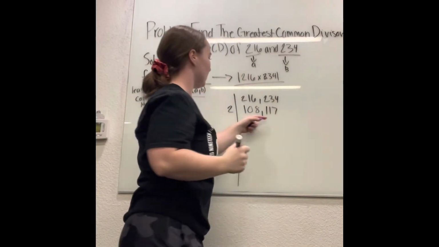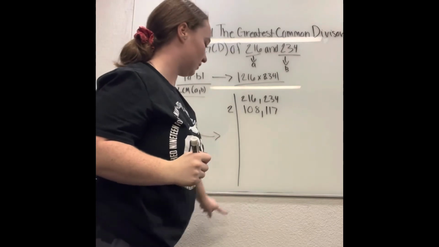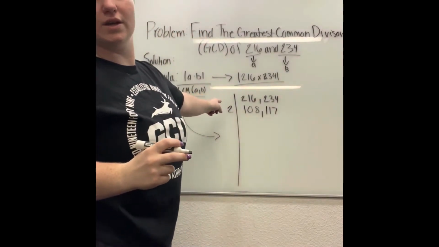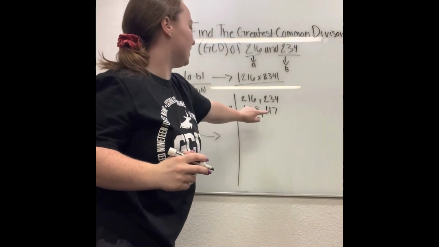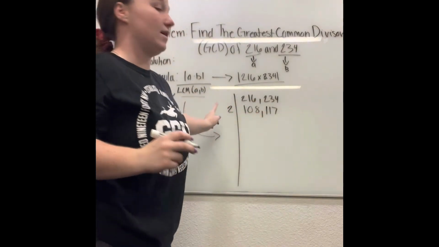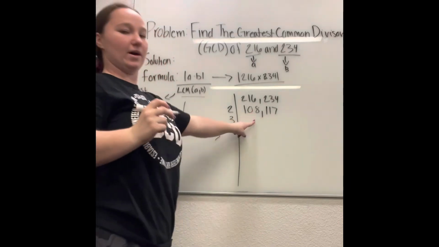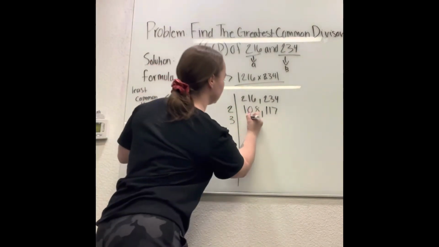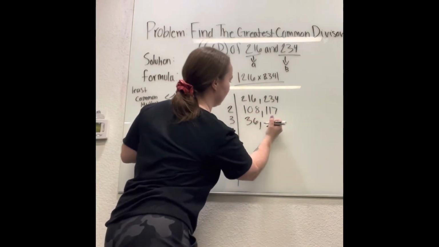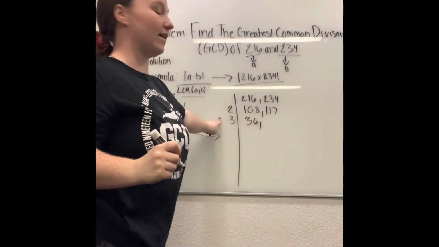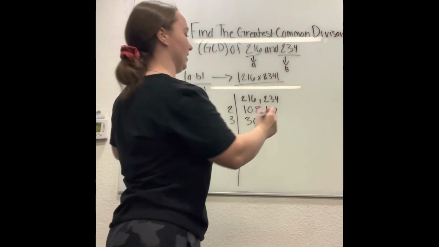And we will keep doing this until we get to the very bottom. So what can go into 108 and 117 evenly? 3. So we put 3 here, and 108 divided by 3 is 36. So you put that here, and then 117 divided by 3 is 39.